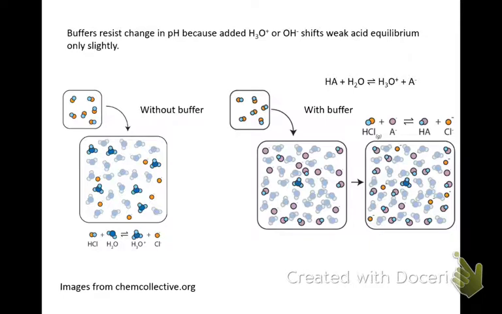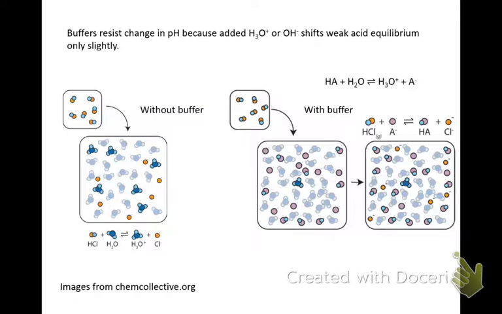If we compare that to our buffered solution over on the right, we see that before we add HCl, we've got 1 H3O+ in our solution. Then we add 6 HCl molecules, and after the buffer is added, you can see that we still have only 1 H3O+ molecule.